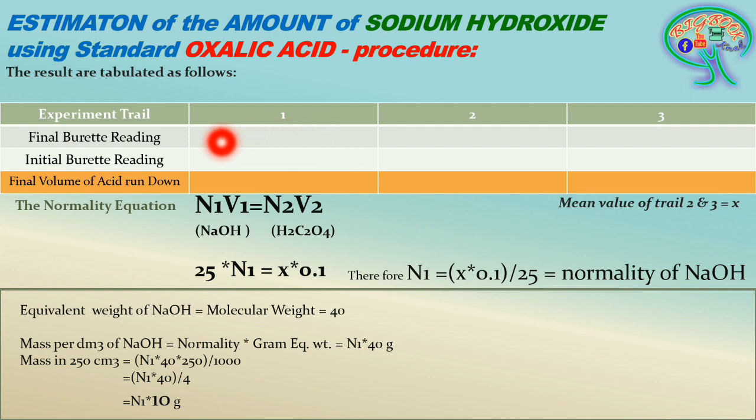And further, after the addition and the change in the color of the indicator, whatever the rundown of the volume of the oxalic acid, that will be the final burette reading.